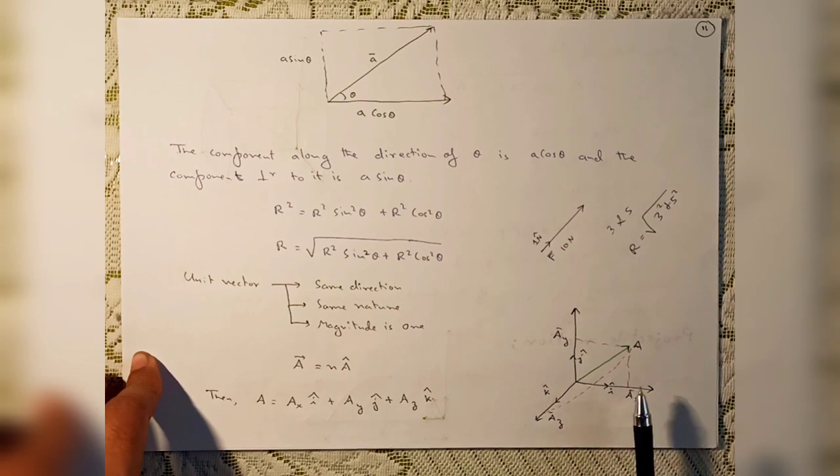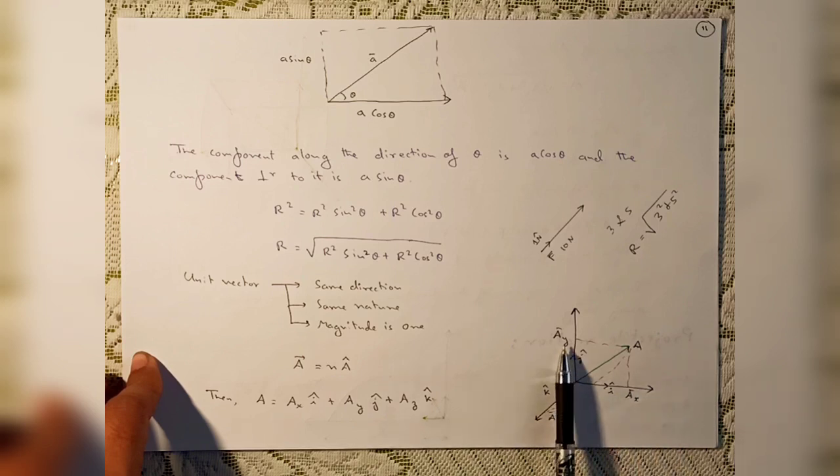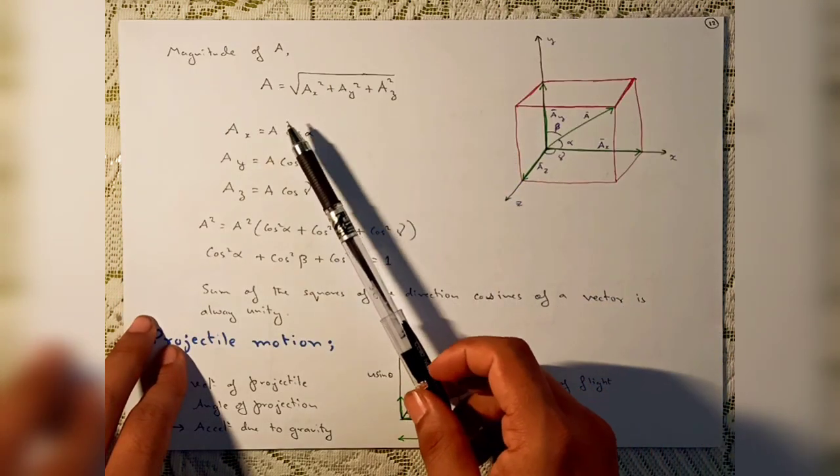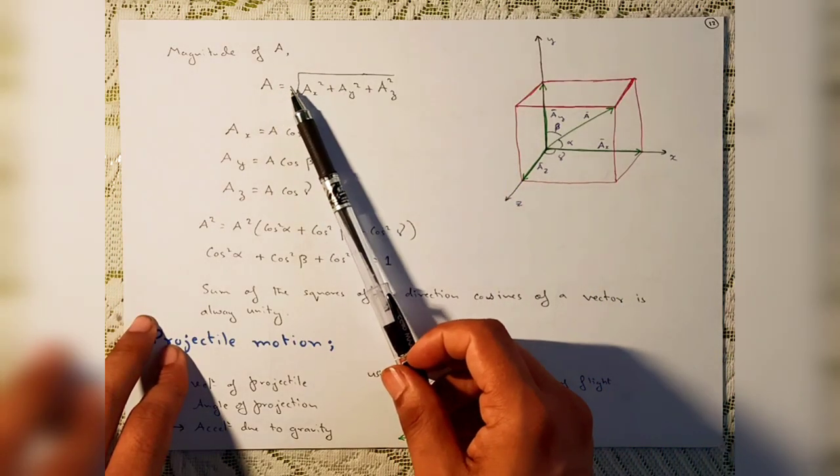Then the unit vector along the x-axis is i cap, along the y-axis is j cap, and along the z-axis is taken as k cap.